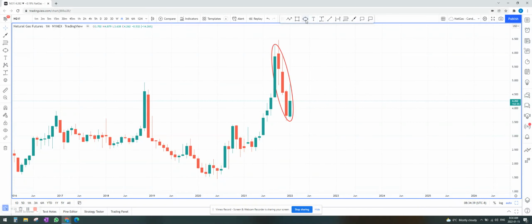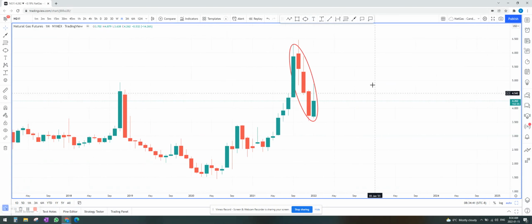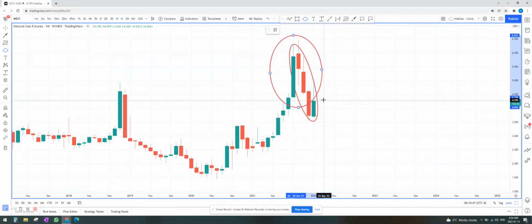If we look at the even bigger picture, we have another one, and this is called a tower top. We have a very distinctive large green candle, and the third candle here closes below this one, forming a tower top.